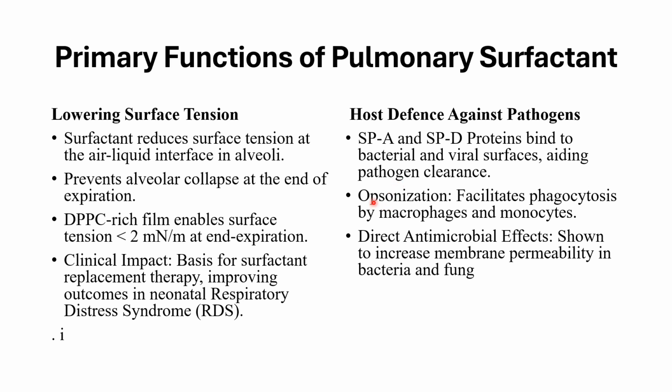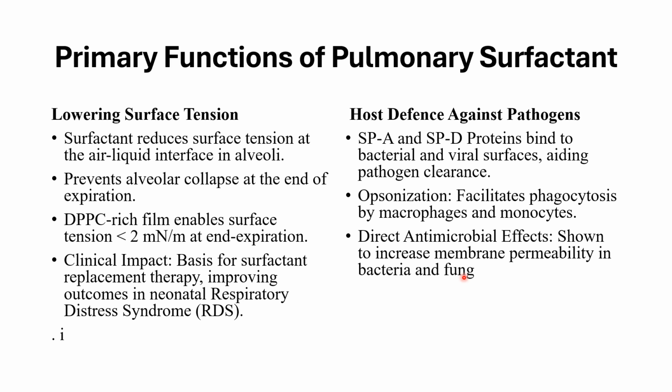It also opsonizes the bacteria and makes them tasty. Remember, opsonization was a process in which proteins were coated around the foreign organism, and this made them more appealing to the macrophages and monocytes, which took them for phagocytosis. Another effect the proteins have been found to have is direct antimicrobial effects, where they increase the membrane permeability of bacteria and fungi.